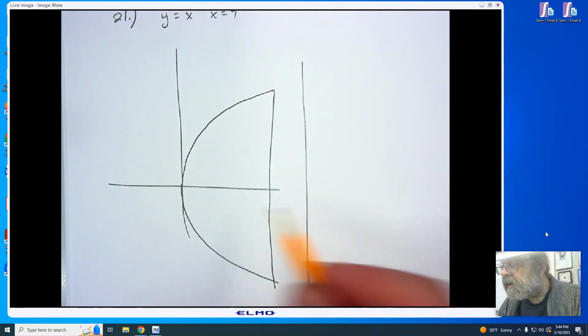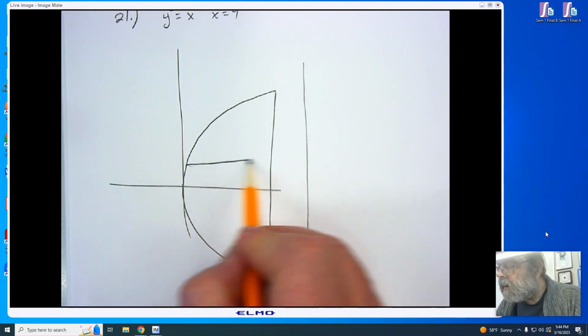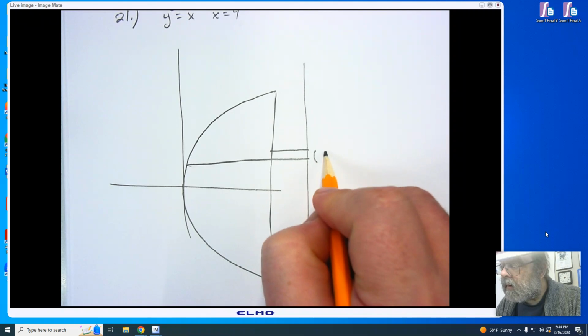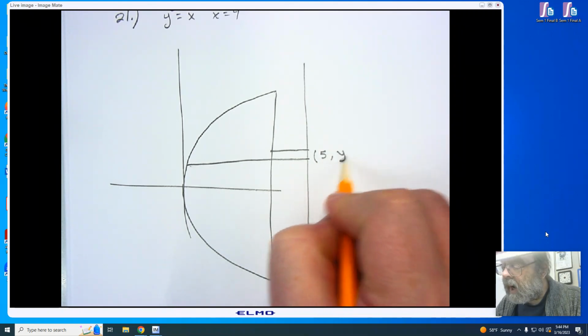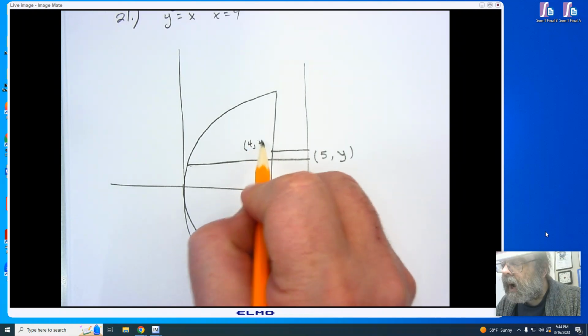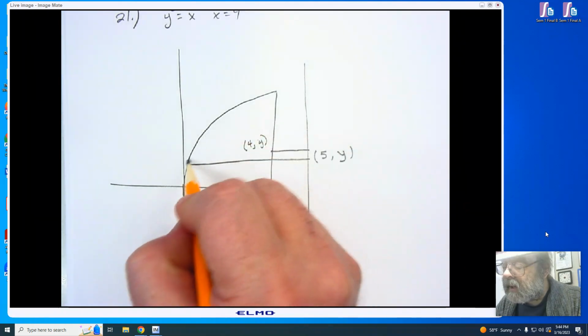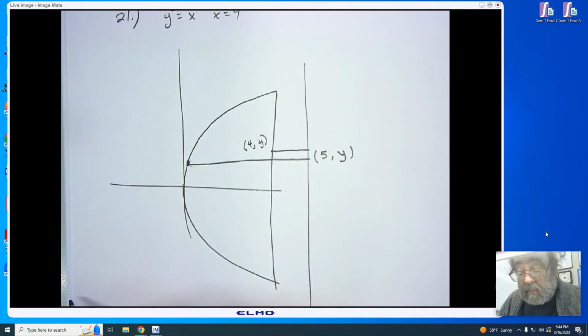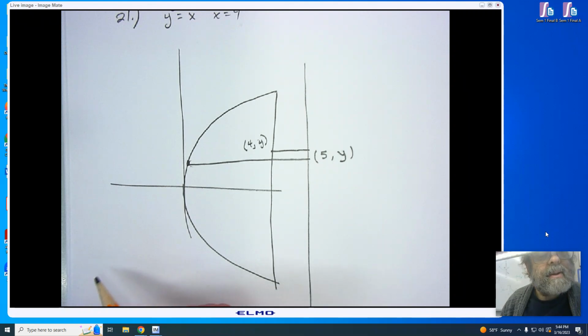So this is the washer method. Big R, little r, 5, y. This one is 4y. And I'm just making sure I don't mess up.